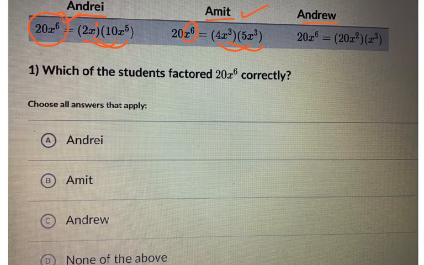And then Andrew here decides to go 20 times 1 for 20, and x^2 times x^3. x^2 times x^3 is x^5, isn't it? So notice the only two that are right, I would go ahead and click on Andre, and I would click on Ahmet.